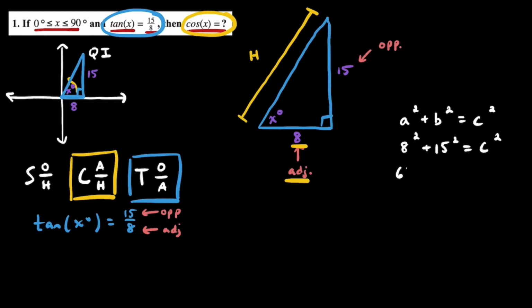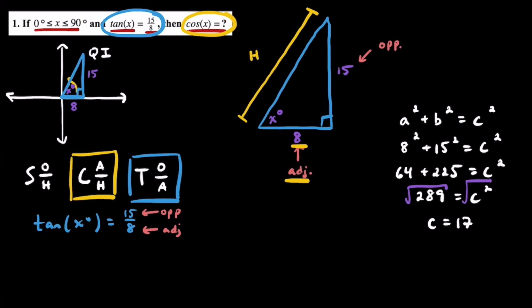8 squared is 64, 15 squared, I believe, is 225, and c squared still stays the same. Combining 64 and 225, that should equal, I think, 289. That equals c squared. Taking the square root of both sides, 289 happens to be a perfect square, so I think we should go with c is equal to 17.